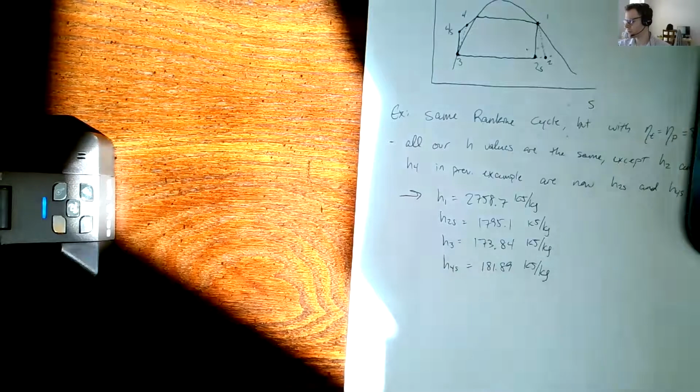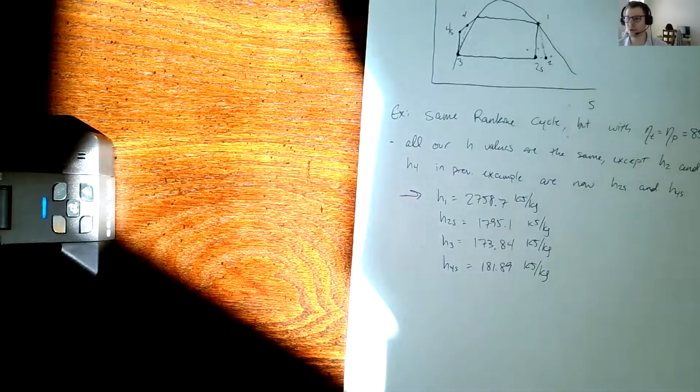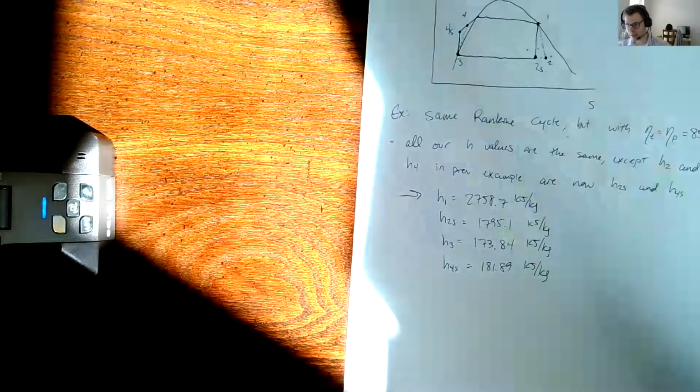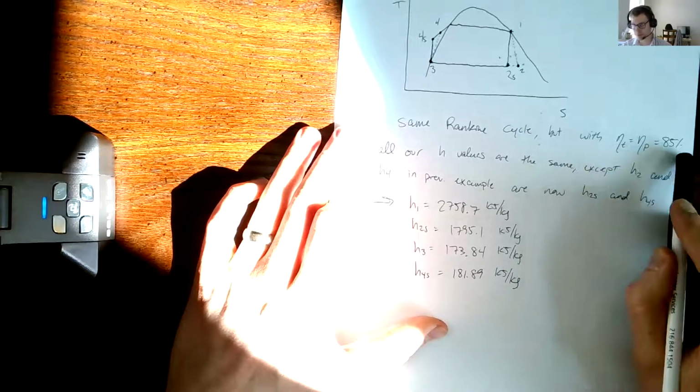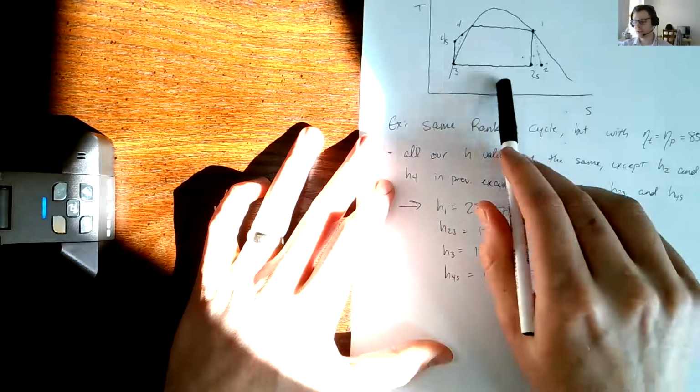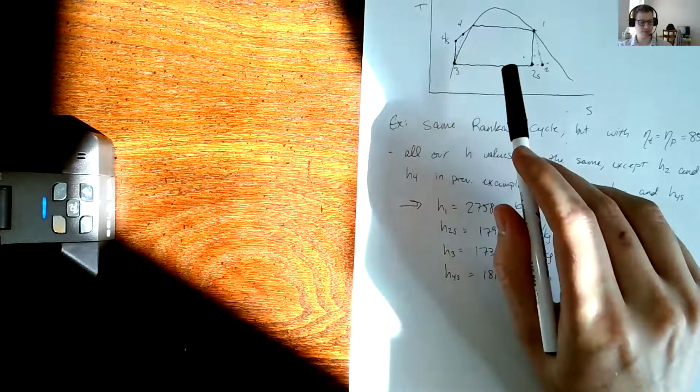Okay, so we'd set up this example where we had the same Rankine cycle we had before in the ideal case, except that this time we have isentropic efficiency of the turbine and the pump at 85% each. And so our TS diagram actually looks like this now.